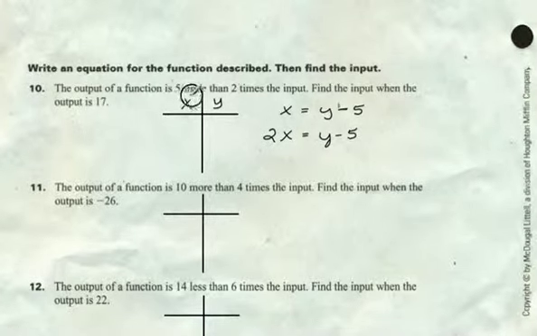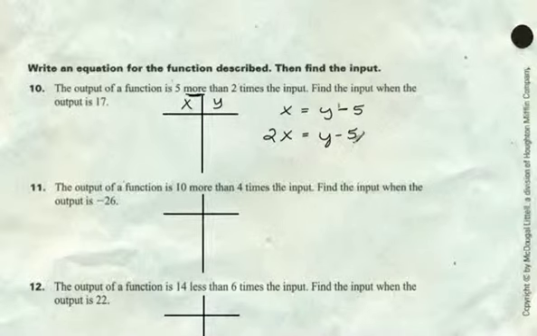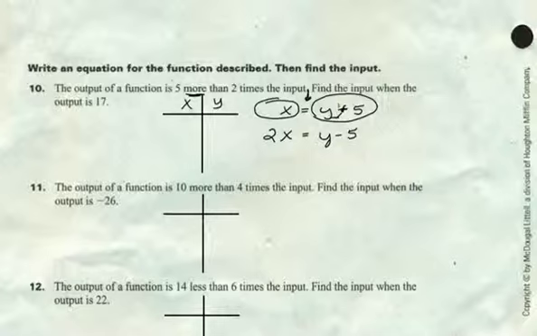Now sometimes it's confusing because "more than" means plus, but you have to remember this is an equation, so one side has to equal the other. So if I actually add 5 here, that wouldn't make sense because we need to make them equal. If this side is 5 more than this, to make them equal, I have to subtract 5 on that side.